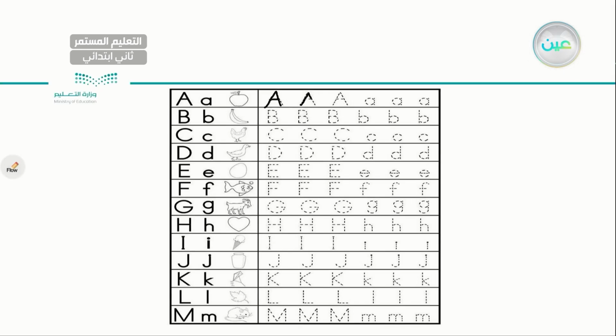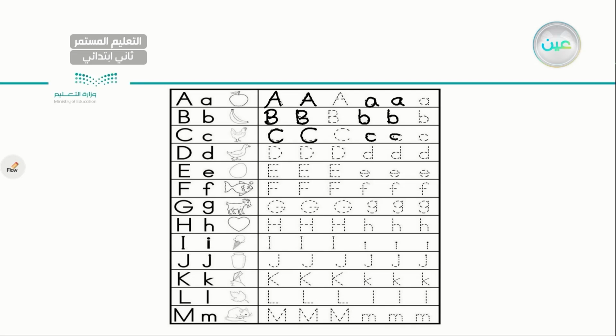For example, this is capital A and small a. Moving to the next letter, capital B, small b. Very good. Next one I have capital C, small c.